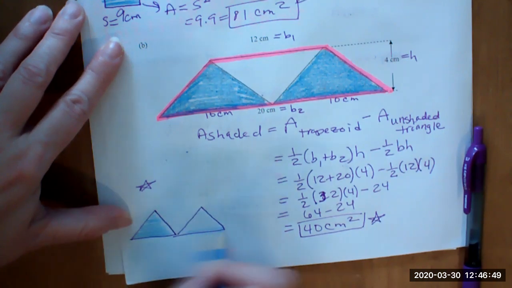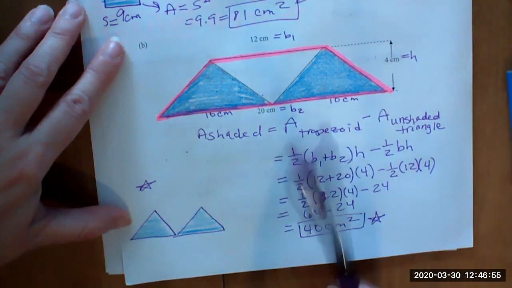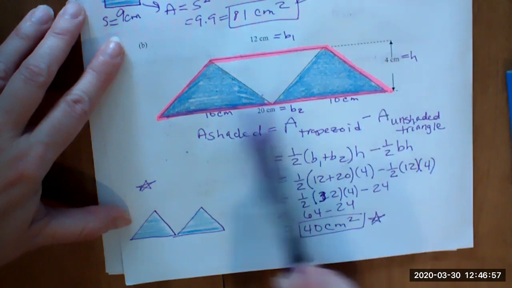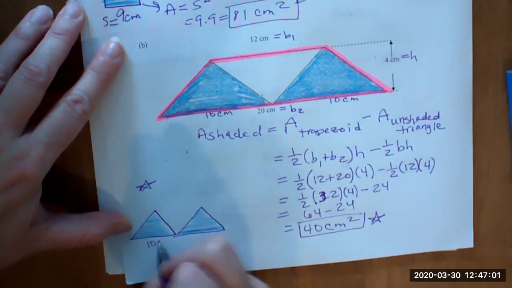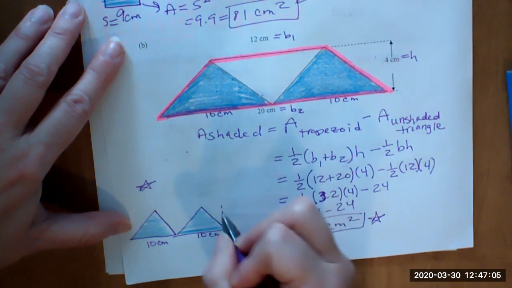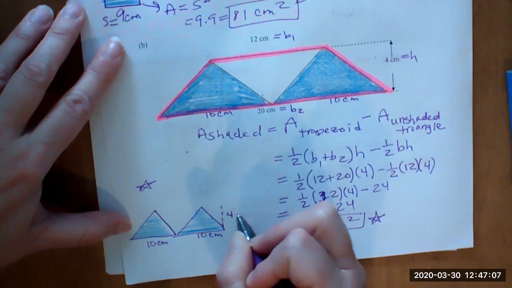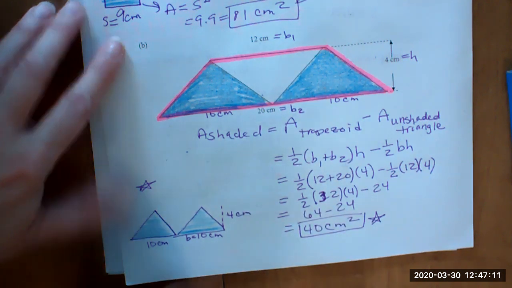And if I wanted that shaded area, I could have just added them up directly. So remember, if this whole length was 20, each of these triangles had bases of 10. So I have a base of 10 here, a base of 10 here, and a height of 4. So each base is 10, height 4.